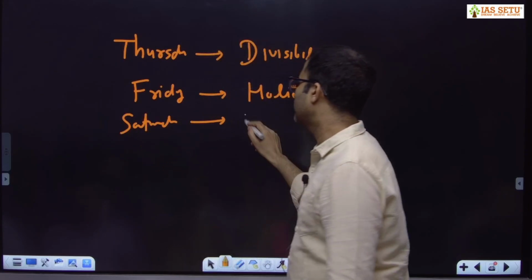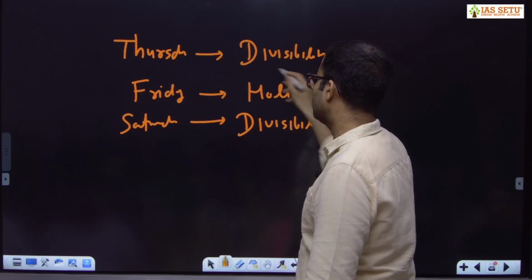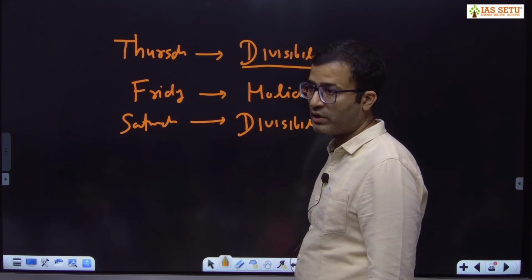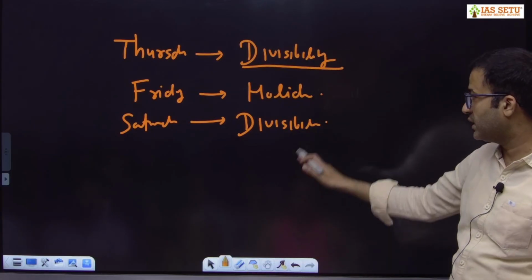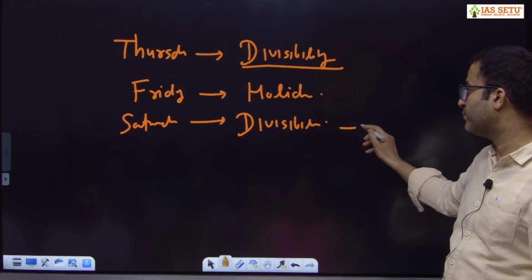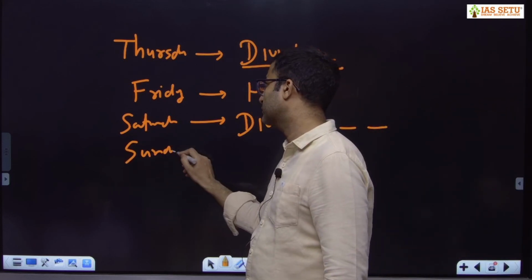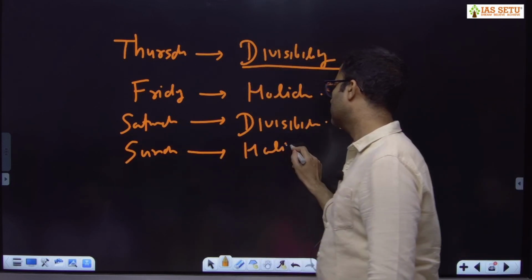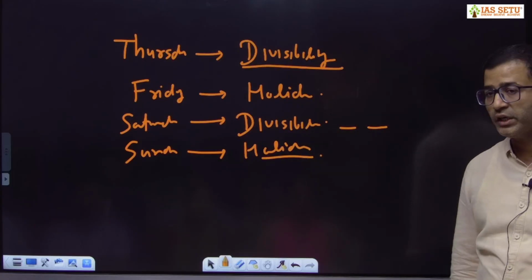I will continue divisibility, which is very important. Every year there is 1 or 2 questions. If time permits, I will take some extra concept. Sunday no class. This is about this week.